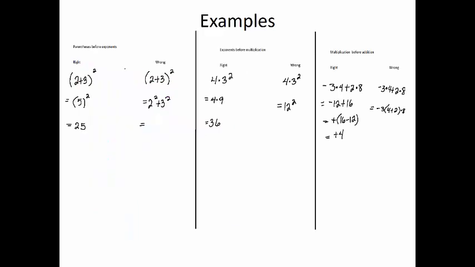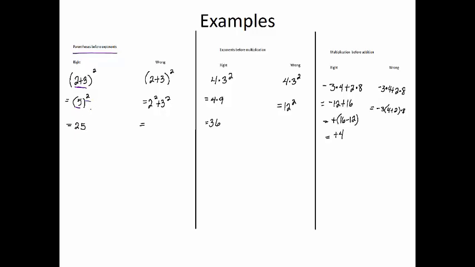So let's look over here at what happens if we don't follow the order of operations correctly. This one is an example of having to do parentheses before exponents. The right way to do it is we do whatever's in the enclosure first, so 2 plus 3 is 5, and then apply the exponent.